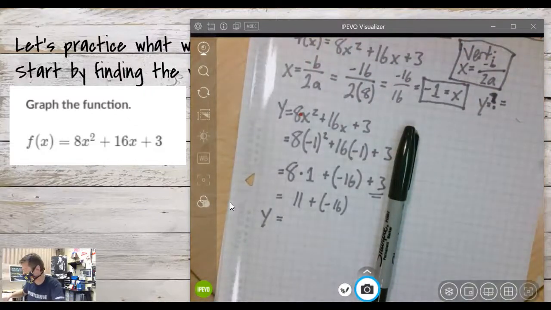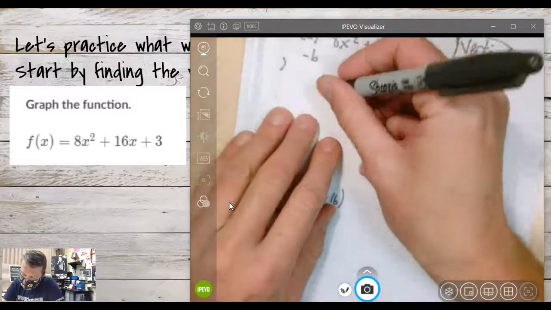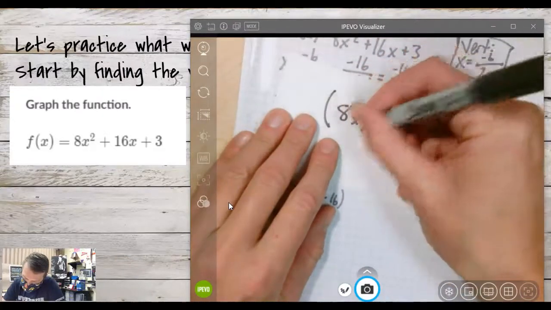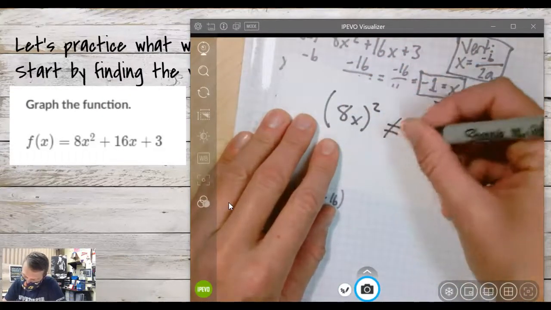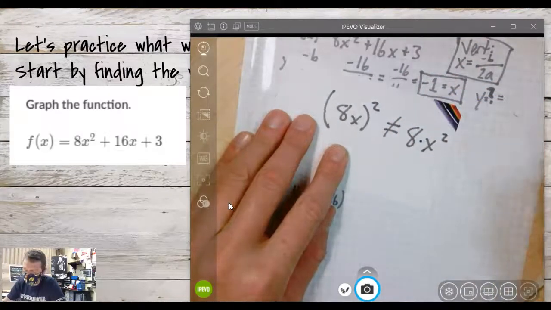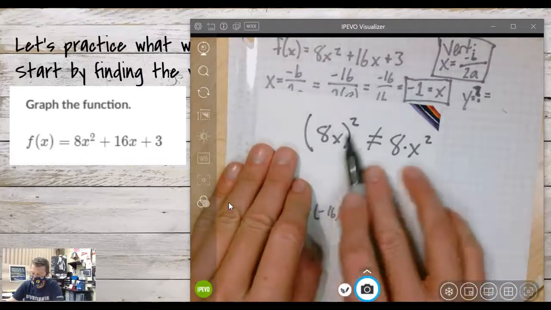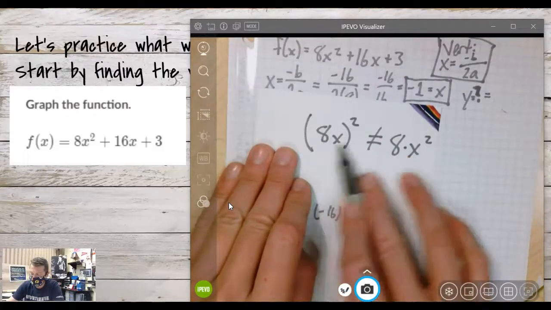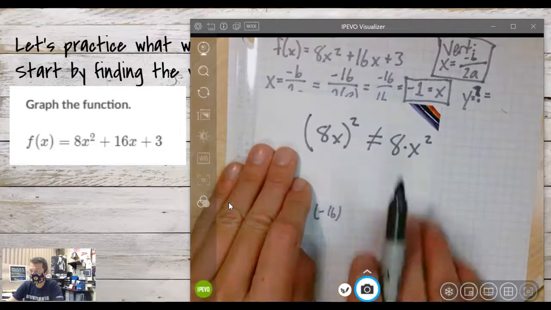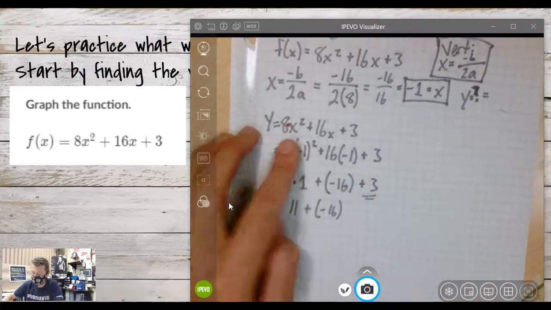The only way that we would square both is if it was written quantity 8x squared. If it was written that way, that is not the same as this, because this says square x then multiply by 8. This says multiply by 8 then square it. Does that make sense?